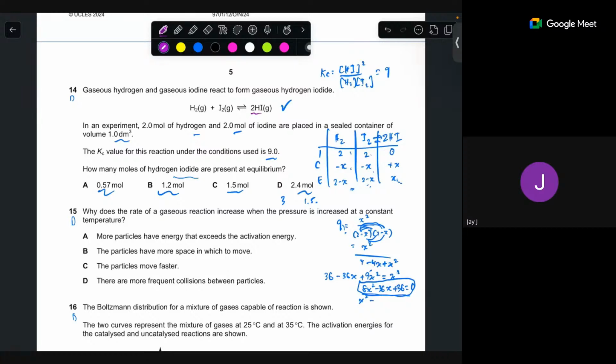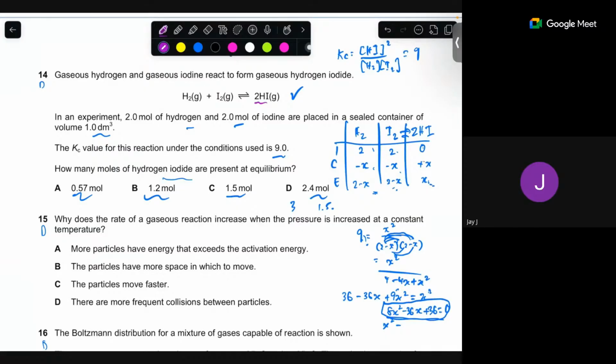This 2. So this one is going to be X, and it should be half of it. So here will be 2 divided by 2.